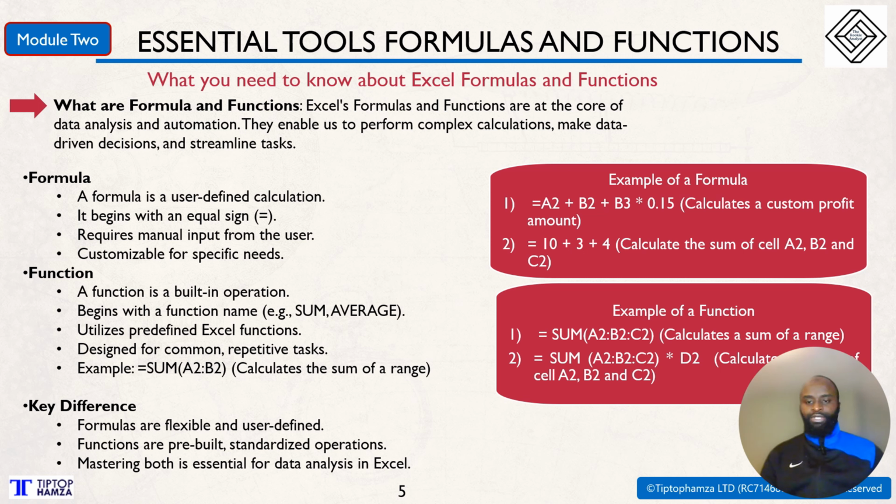The next thing you need to know about Excel formulas and functions is referencing in cells. Excel allows us to reference cells with flexibility, which is either absolute or relative referencing. Absolute references lock a cell's location so that it does not change dynamically as you move, while relative references adjust as we copy them.